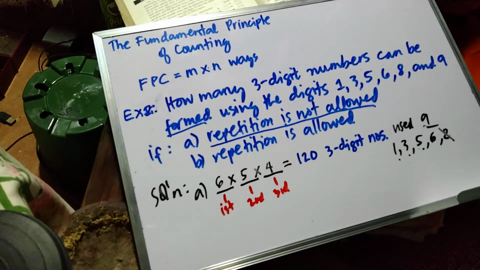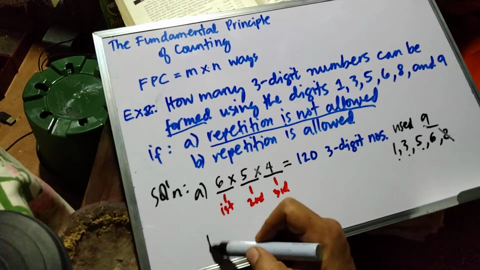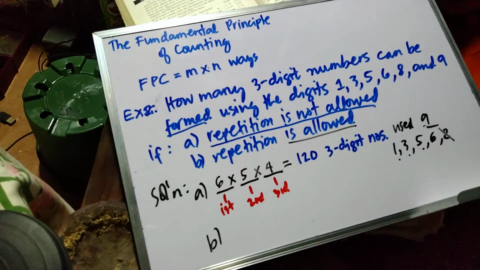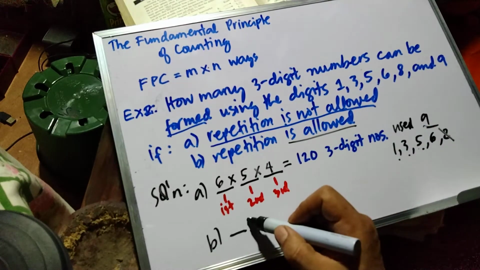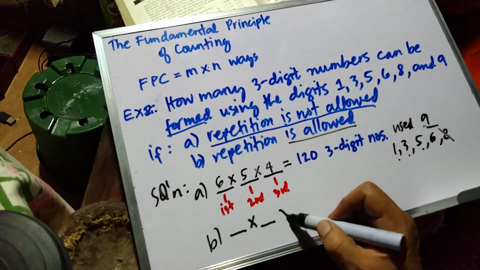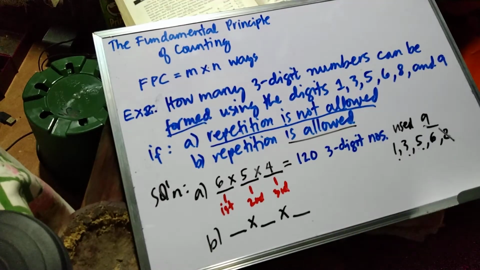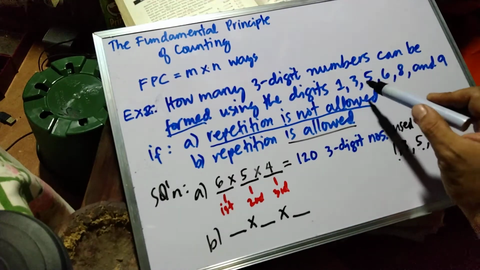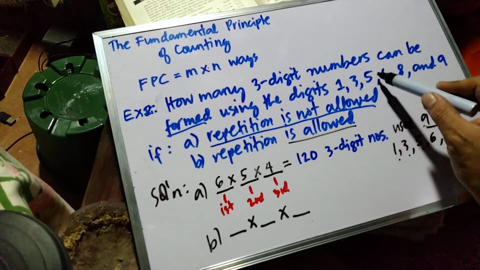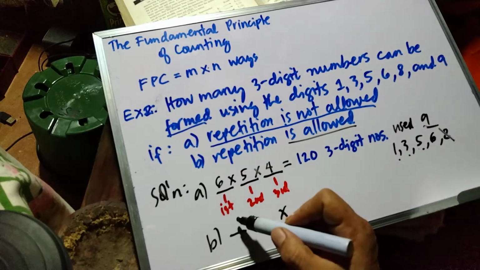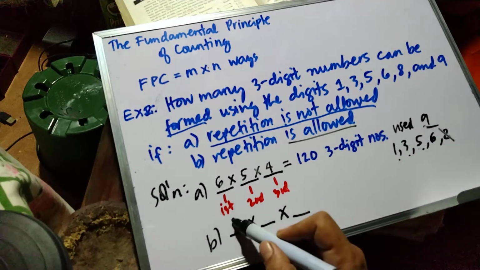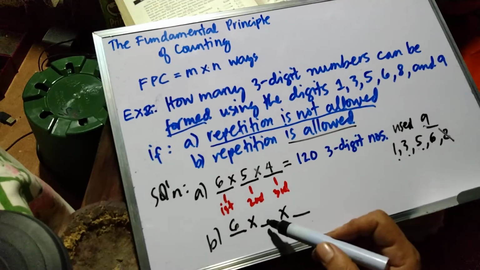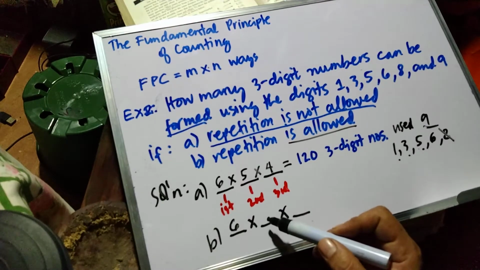Now, in condition number 2, we have repetition allowed. Okay? So again, we are preparing a 3-digit number. Repetition is allowed. How many numbers or digits are given? You have 1, 2, 3, 4, 5, 6. So clearly, for the first digit, we have 6 choices. Okay? For the second digit, how many?